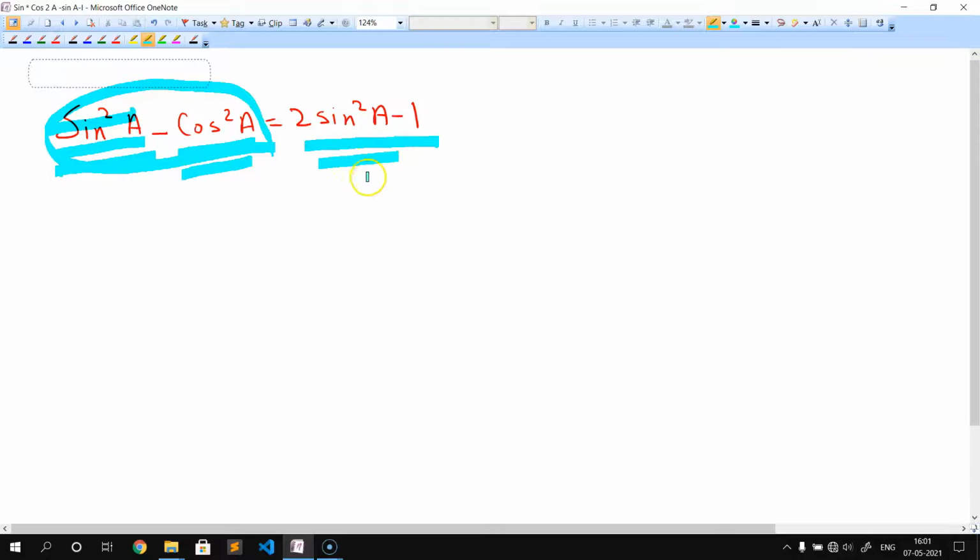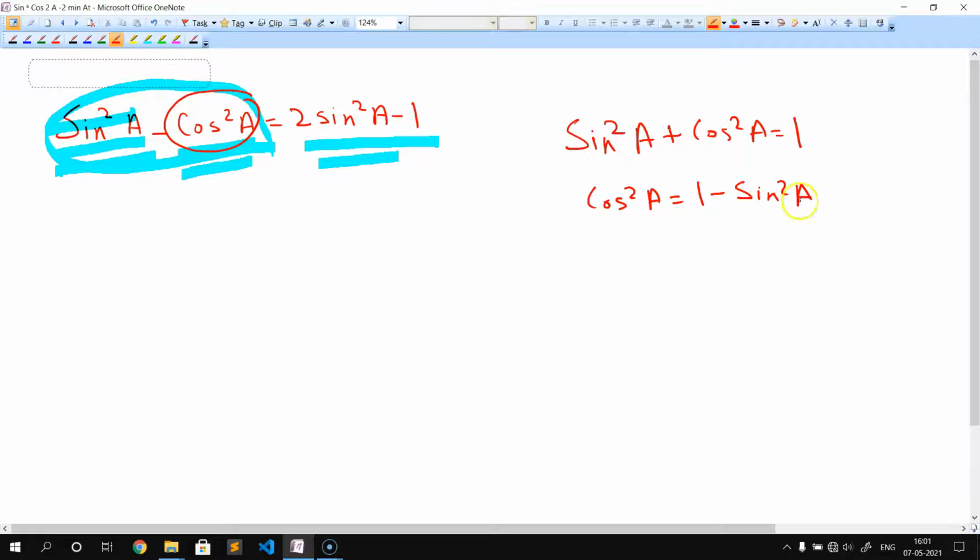So this gives an idea how to solve the question. We have to only convert this cos to the sin. So let's see the formula: sin square a plus cos square a equals to 1, and we have to convert the cos, so cos square a will be 1 minus sin square a. Let's implement this to our question.